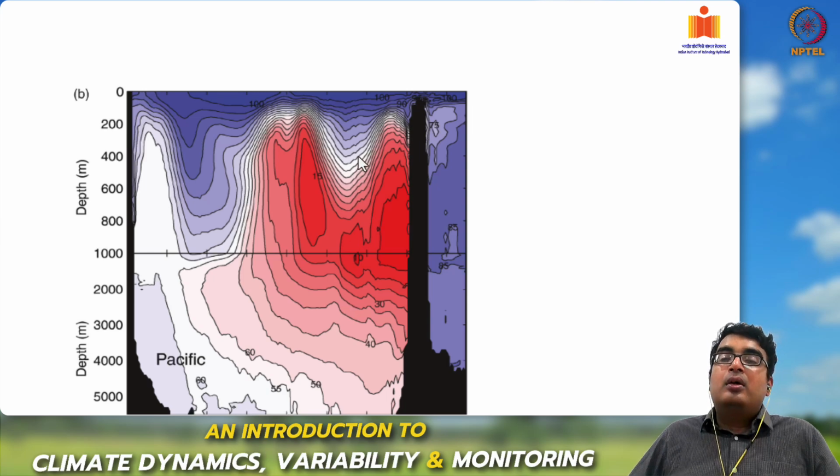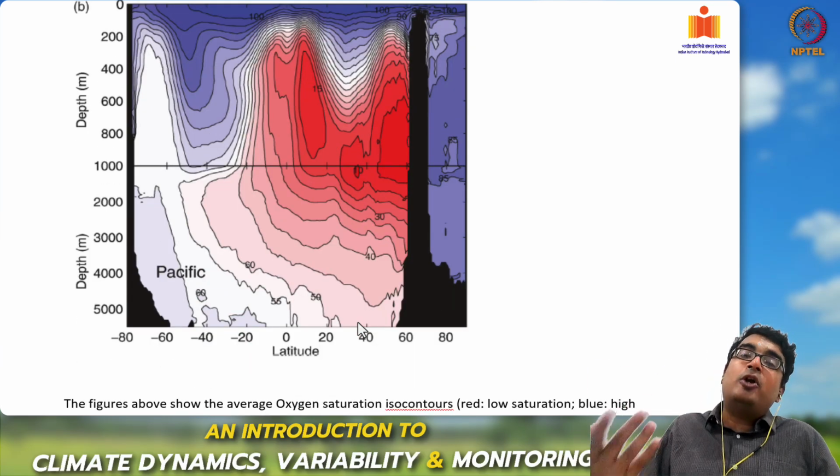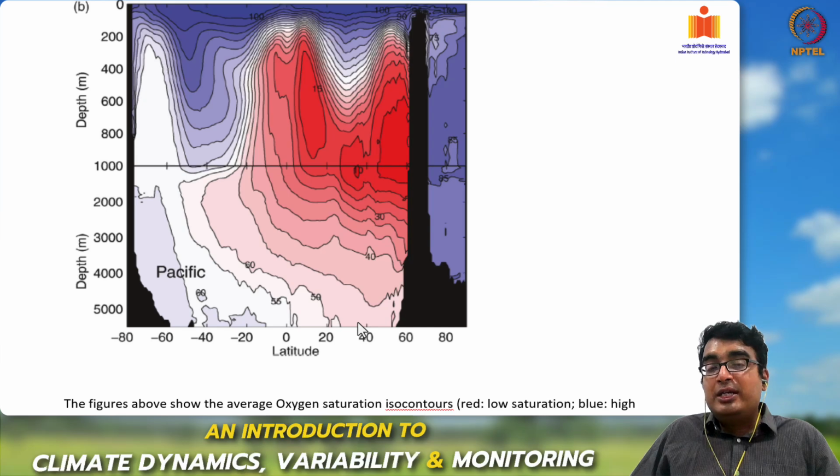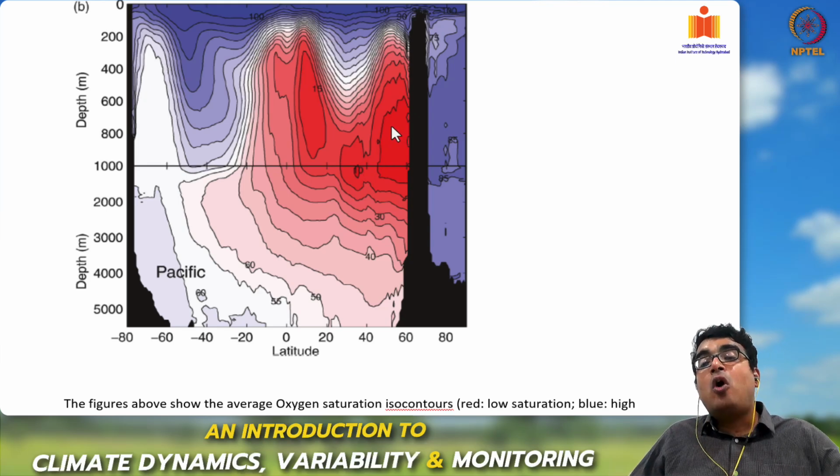Hence, the thermocline and the deep waters, particularly in the South Pacific, do not mix with the rest of the oceanic system. Hence, in the North Pacific, equatorial, subtropical and the temperate regions, you see extremely old water that has not reached the surface for a very long period of time.